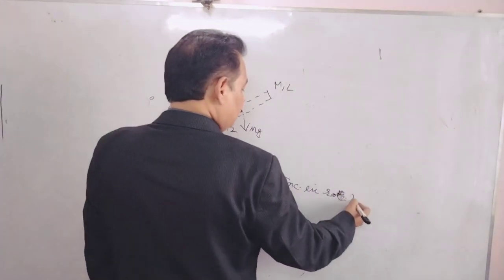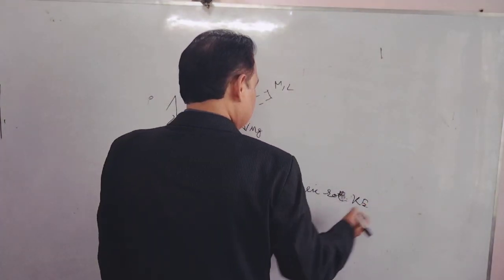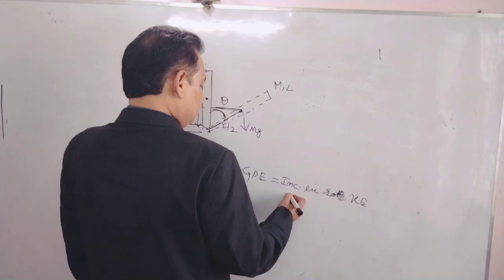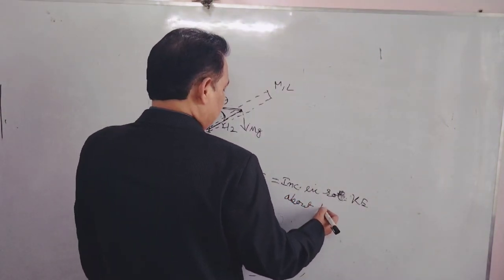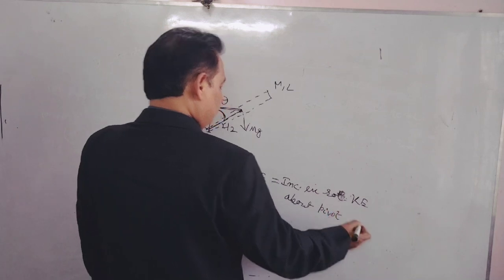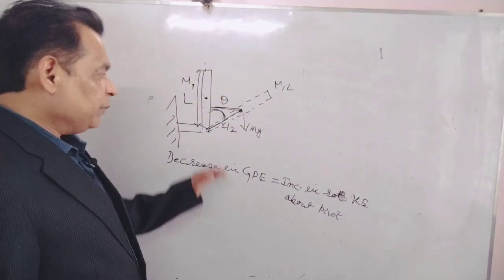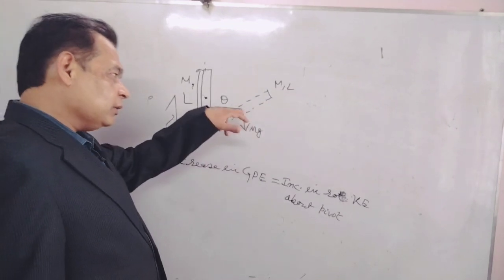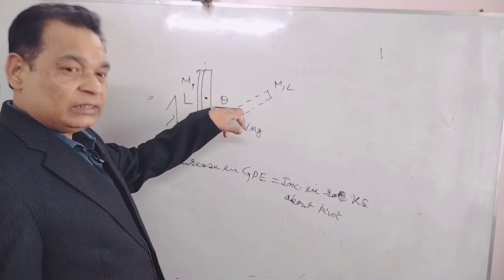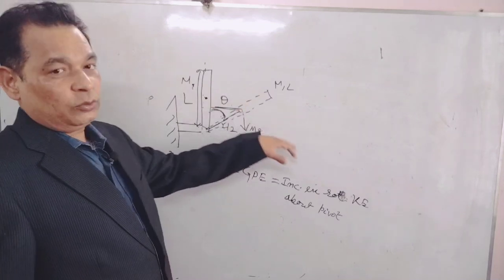Rotational kinetic energy of the rod about the pivot. Sometimes people write rotational kinetic energy about the center of mass plus linear kinetic energy of the center of mass.